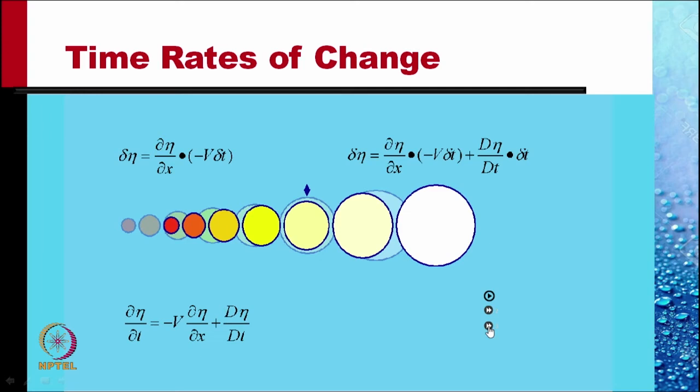A field description, an Eulerian description. And this consists of two changes. One is the rate of change minus v del eta by del x, which is the convective rate of change, plus capital D eta by capital D t, which is the material rate of change. The local rate of change is made up of two things: a convective rate of change and a material rate of change.